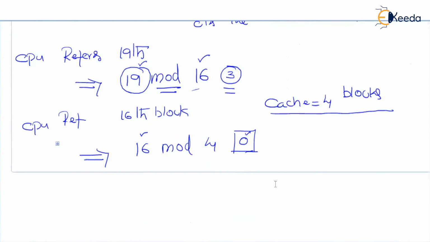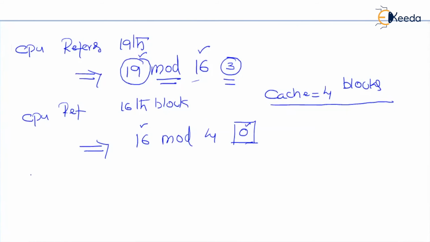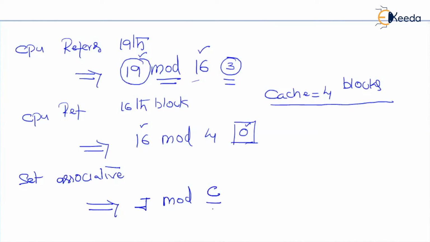Now, when it comes to set associative mapping, the mapping rule will be J mod (C by 2), because in set associative mapping the number of lines will get reduced. Rather, the number of sets will get reduced.